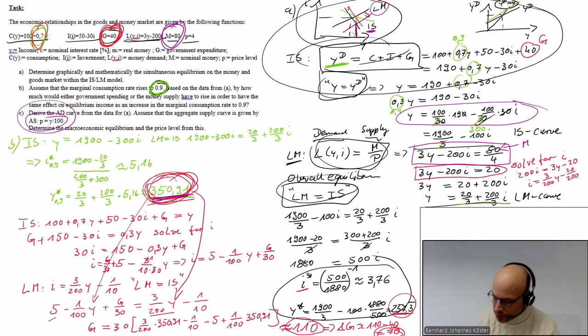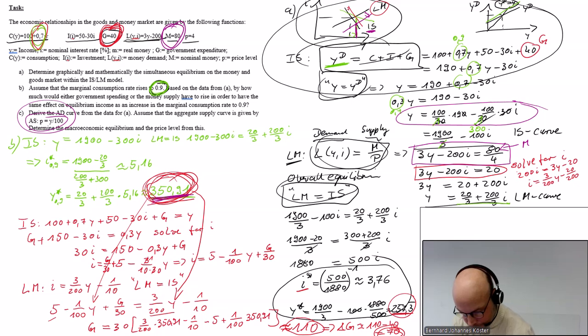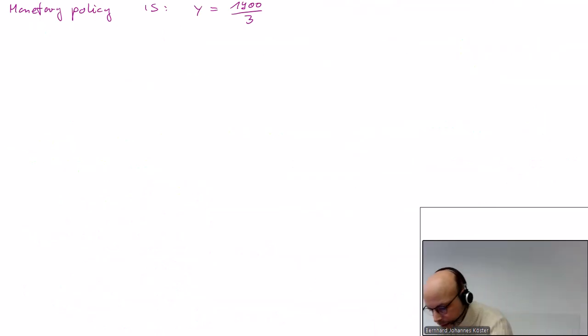The IS curve was y equals 1900 over 3 minus 100 times i.